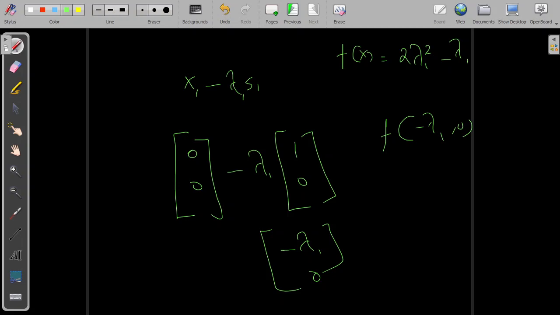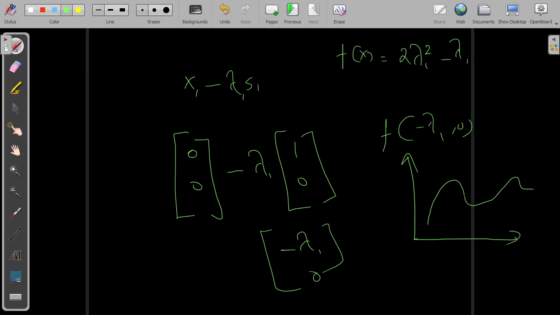So it is a quadratic function, and the function f of lambda will look something like this. You have to find the minimum point.